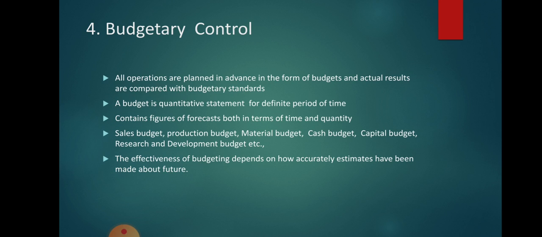So understood these four techniques? What are the four techniques? Personal observation, statistical reports, break-even analysis, then budgetary control. You have to remember the four techniques, and try to remember minimum 2 to 3 points for each technique. Clear?